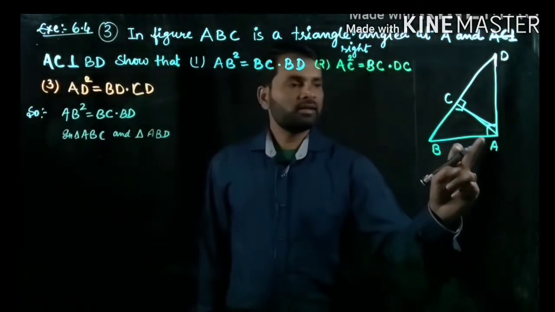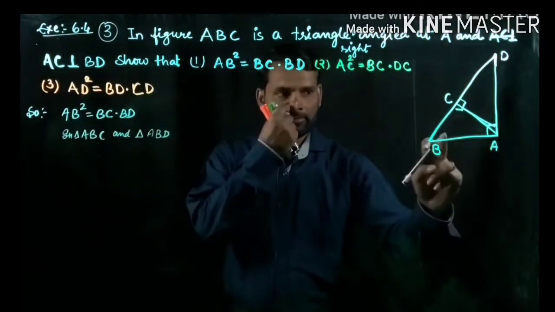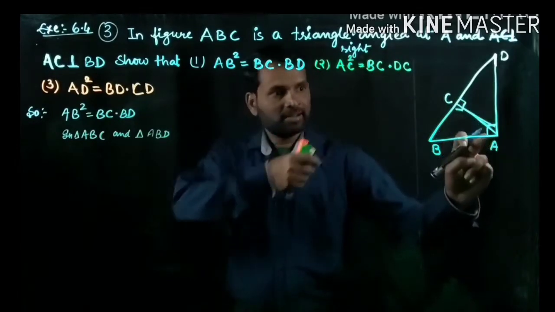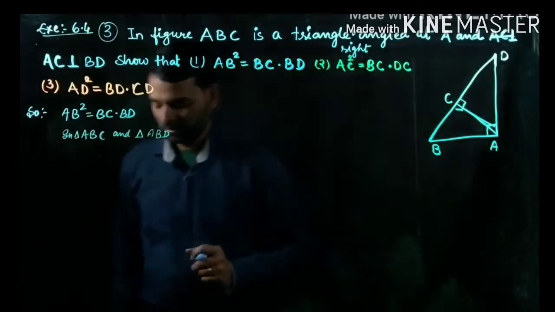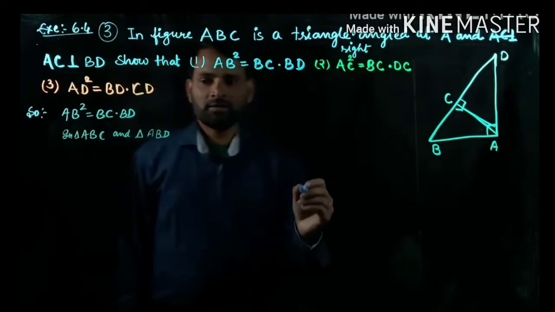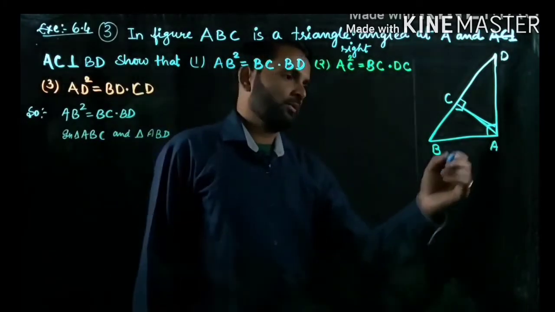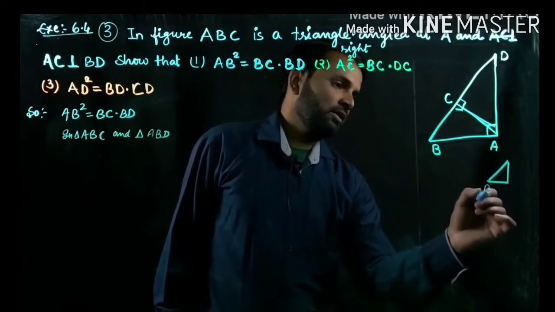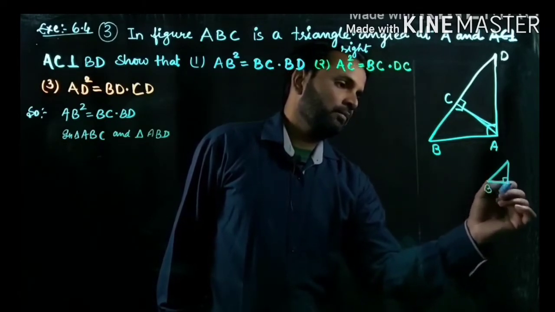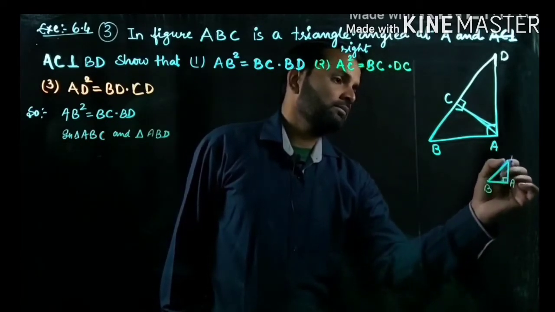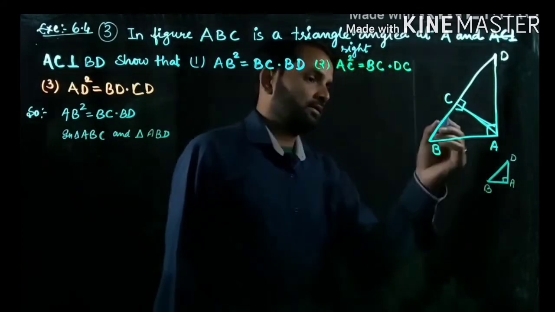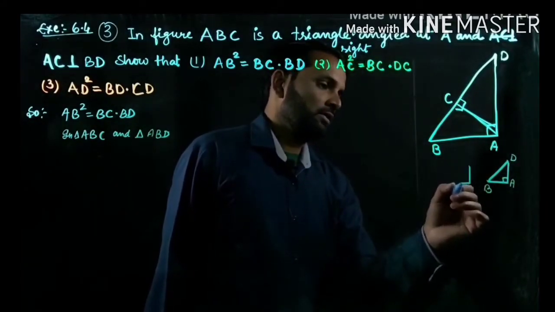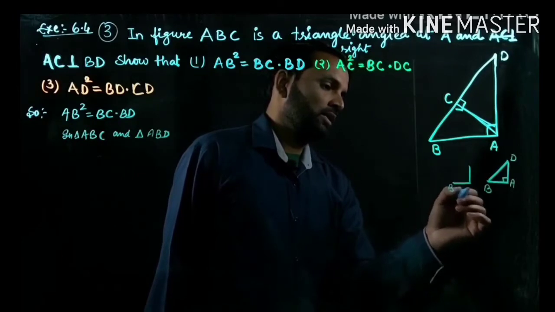First triangle is small, this is ABC, and the second triangle is ABD. Now in this you draw small diagrams. The big triangle always has this side BA and D, and the small triangle you draw as BCA.